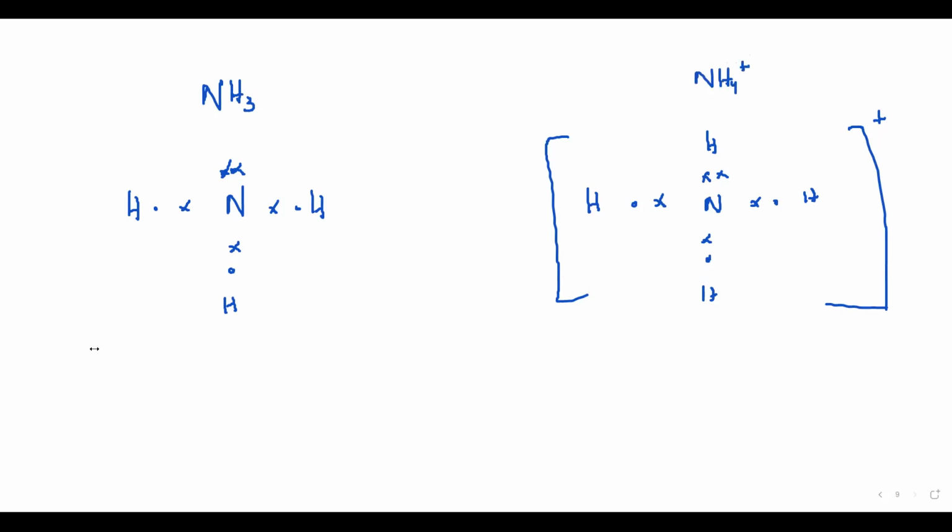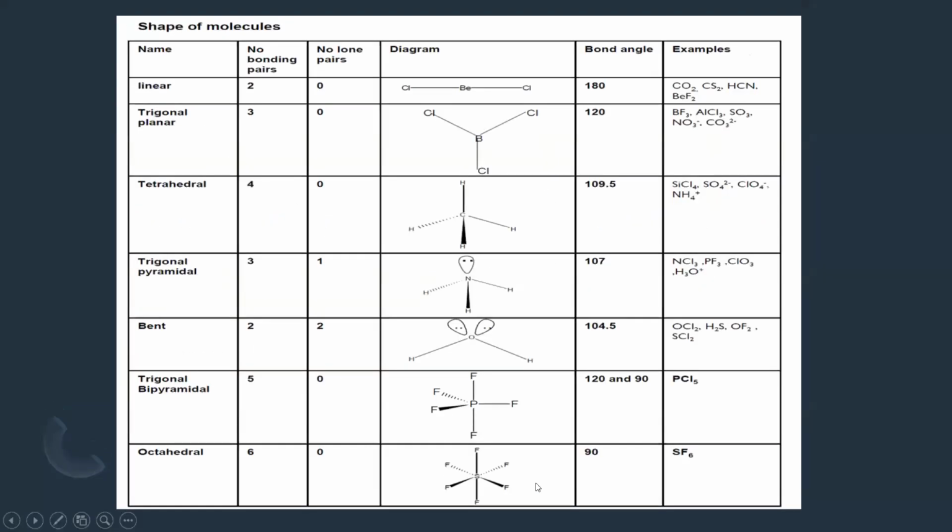When we check the bond pairs, there are 3 bond pairs, and when we check the lone pairs, there is only 1 lone pair. So 3 bond pairs and 1 lone pair. What will be the geometry for 3 bond pairs and 1 lone pair? It will be trigonal pyramidal.